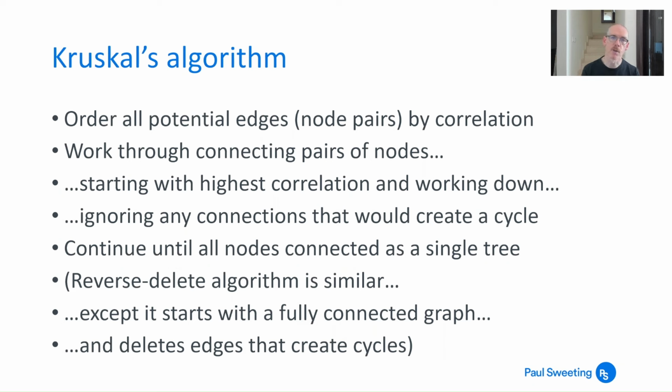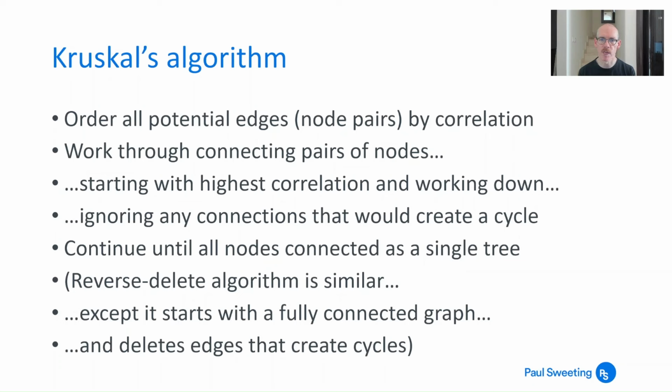The second algorithm is called Kruskal's algorithm. For this one, you order all potential edges, so node pairs, by correlation. And you work through connecting pairs of nodes, starting with the highest correlation and working down. Now, this sounds like Prim's algorithm, but the difference is not everything needs to be connected to your first pair of nodes.